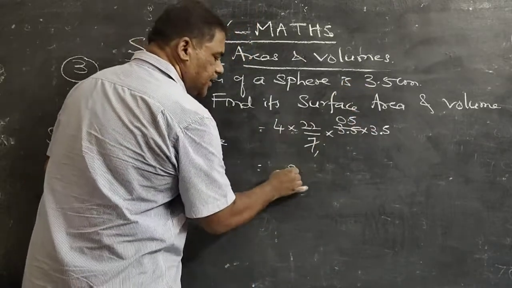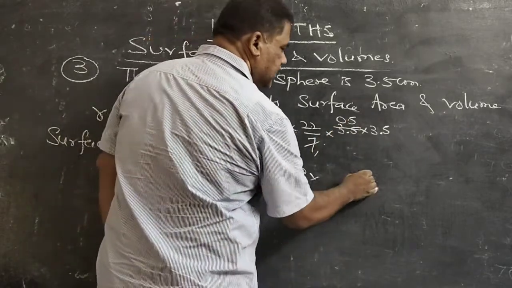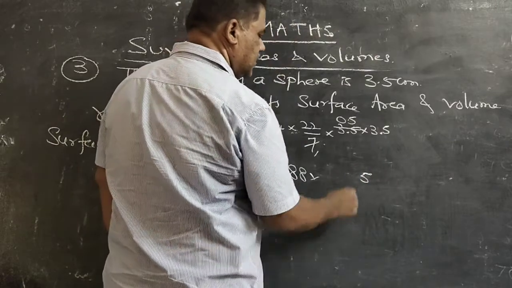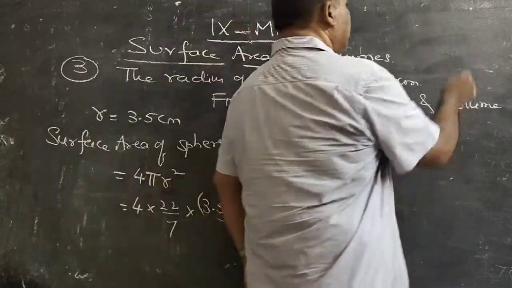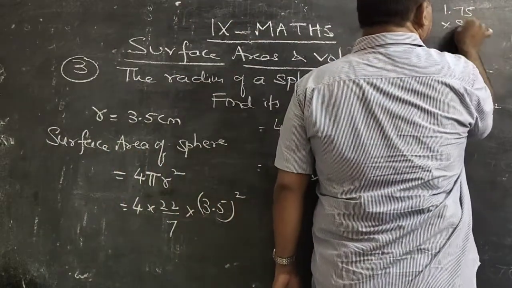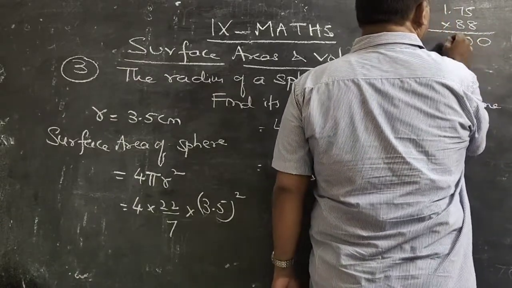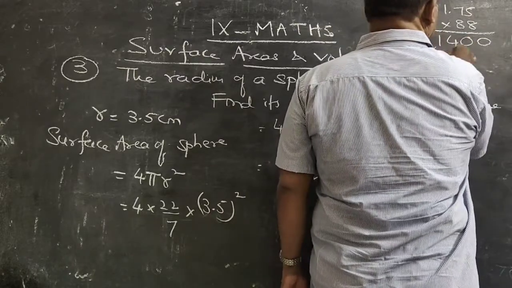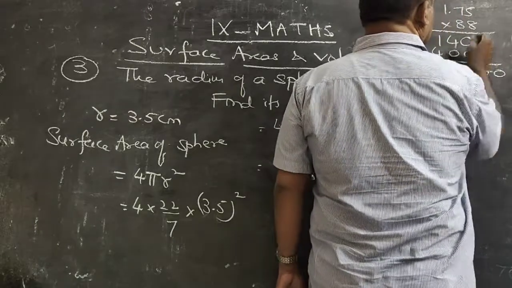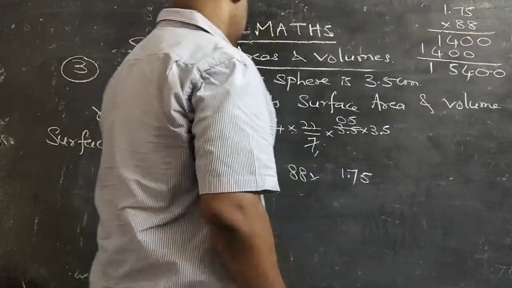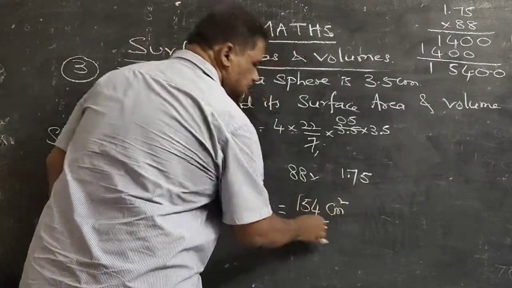So 4 into 22 is 88. 0.5 into 3.5, so it is 1.75. Now we should multiply 1.75 by this 88. So it is 154 centimeters square. This is the surface area.